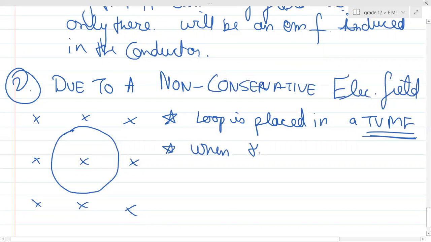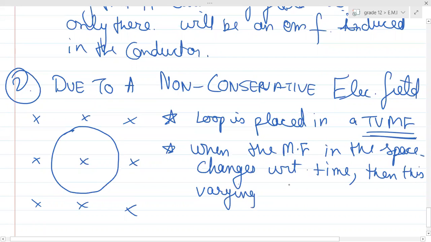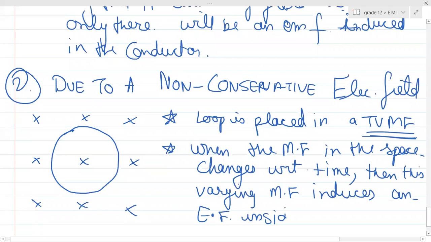What will happen when the magnetic field in the space changes with respect to time? Then this varying magnetic field induces an electric field inside the loop.